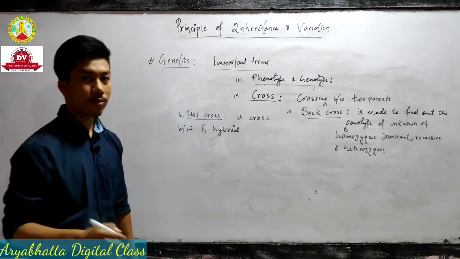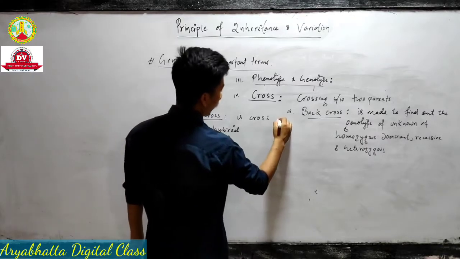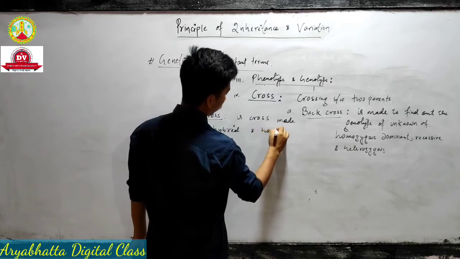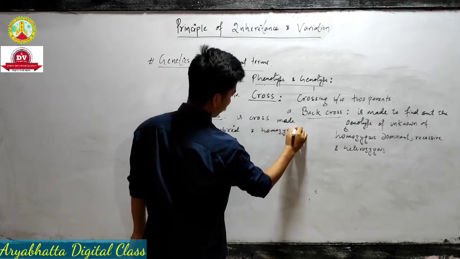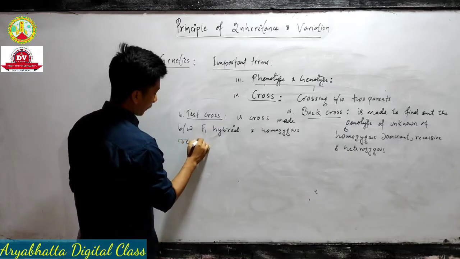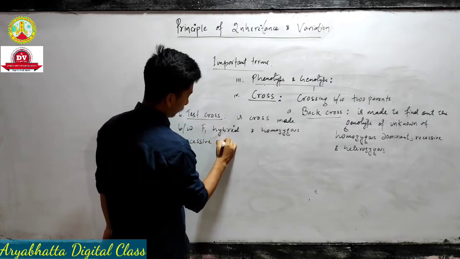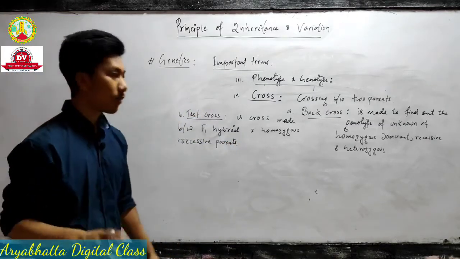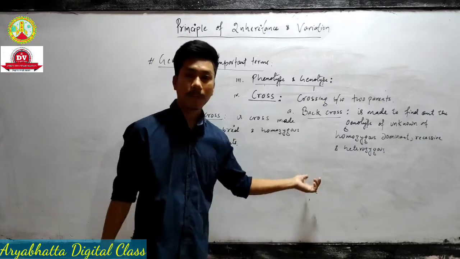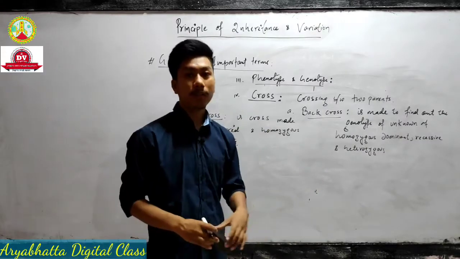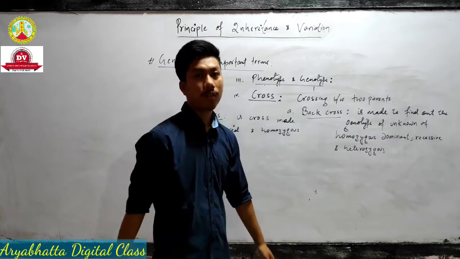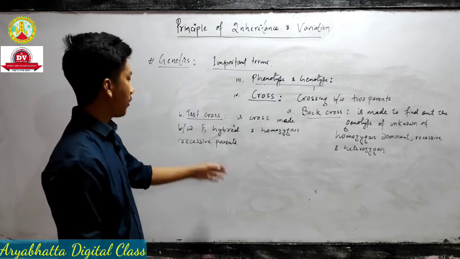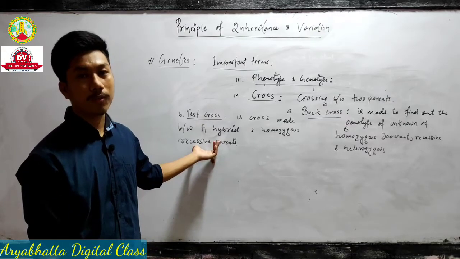Test cross is a cross made between F1 hybrid and homozygous recessive parent. Just remember the definition. There are two types of crosses: back cross and test cross. Back cross is made to find out the genotype of unknown homozygous dominant, homozygous recessive, and heterozygous. Test cross is made between F1 hybrid and homozygous recessive parent.